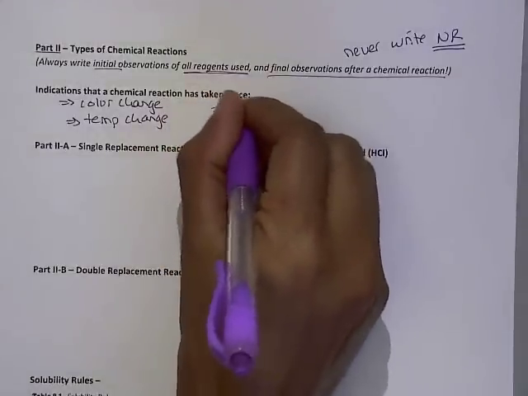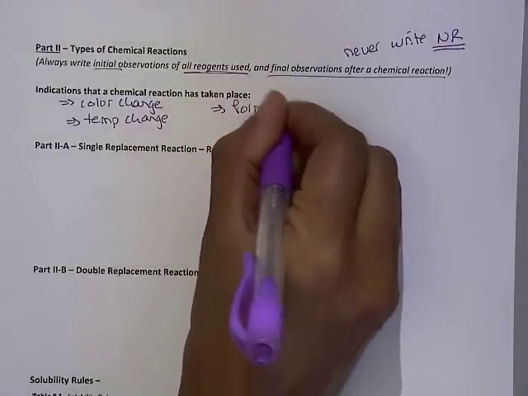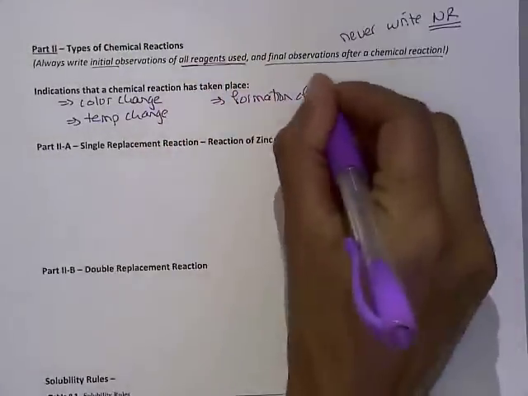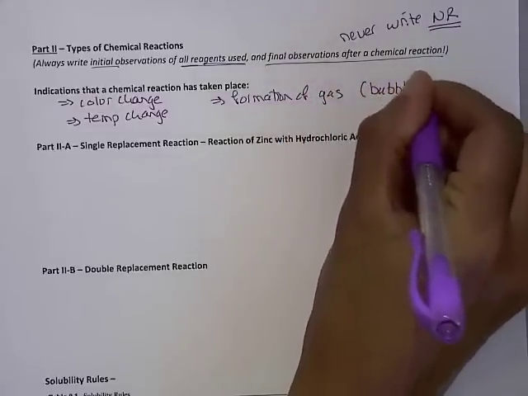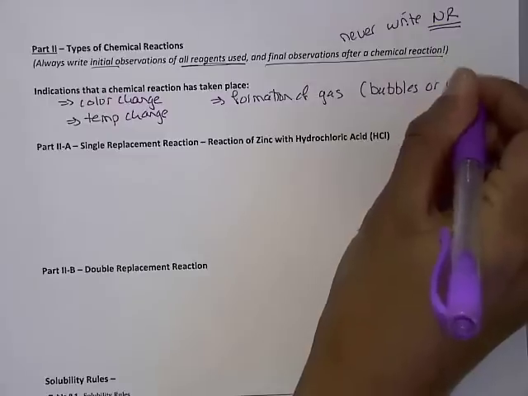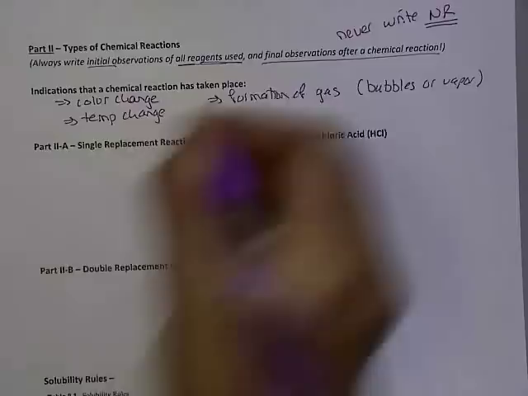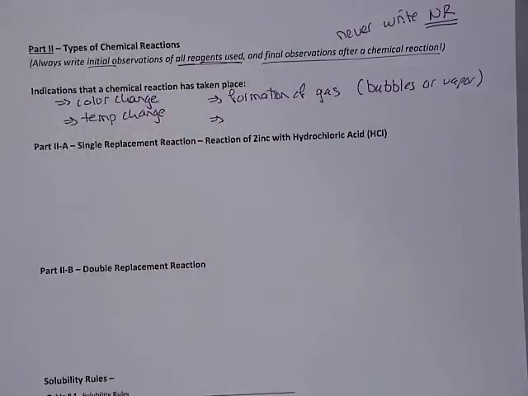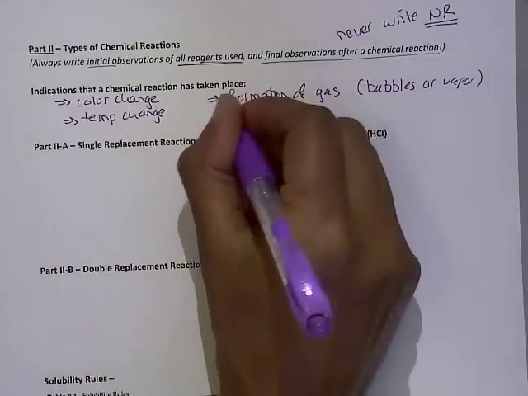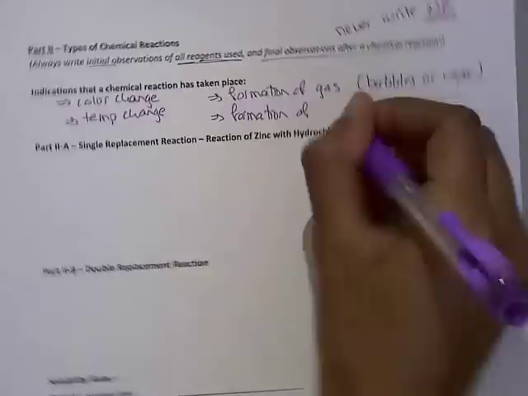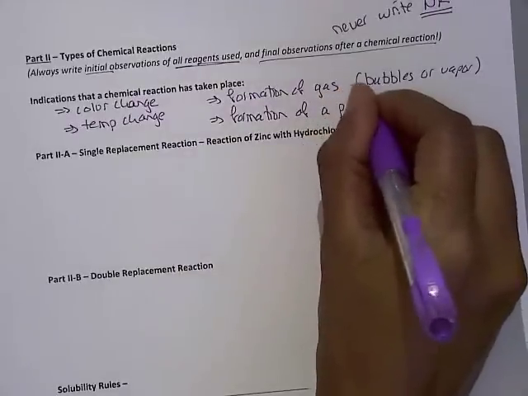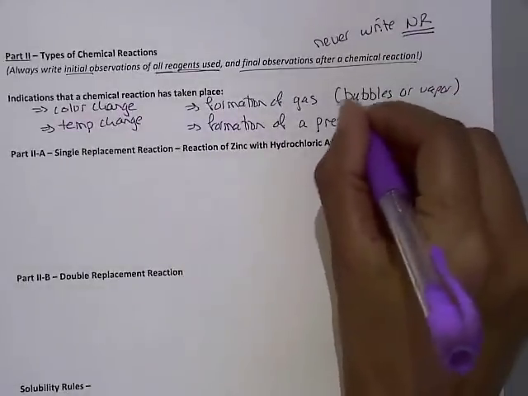Did a gas form? So formation of gas. This could occur either as bubbles or vapors on the side of your test tube walls. Another example of an indication of a chemical reaction is formation of a precipitate, which you've seen quite a bit a few labs ago.